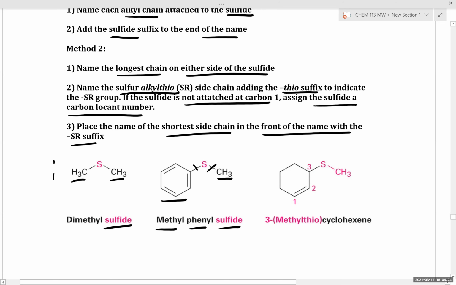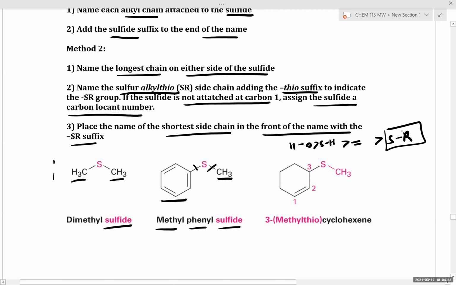If we're naming sulfur as a substituent, one thing I'd like you to keep in mind here is that sulfides are lower priority than alkenes, which are lower priority than alcohols. And thiols are sort of in the middle. So notice how alkyl thio groups and mercapto groups have different priority.